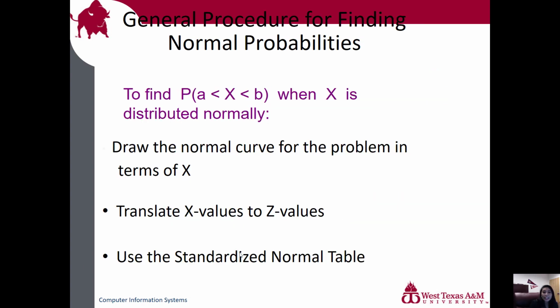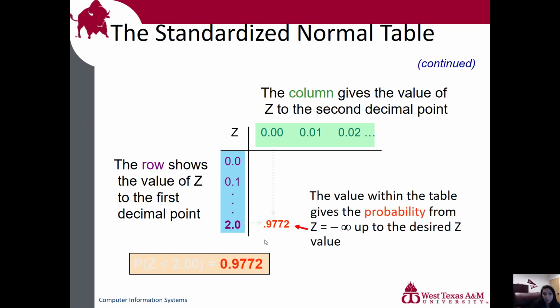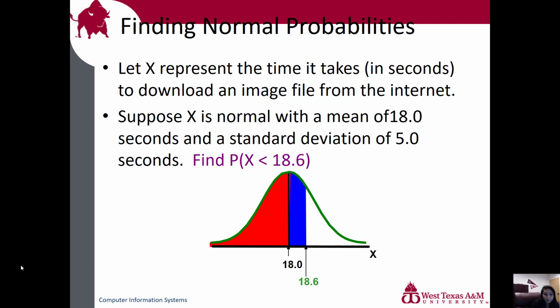So basically, if you want to find normal probabilities, you want to make sure that you're translating your x values into z values first, and then you use your standardized normal table to find those probabilities. So here's an example.